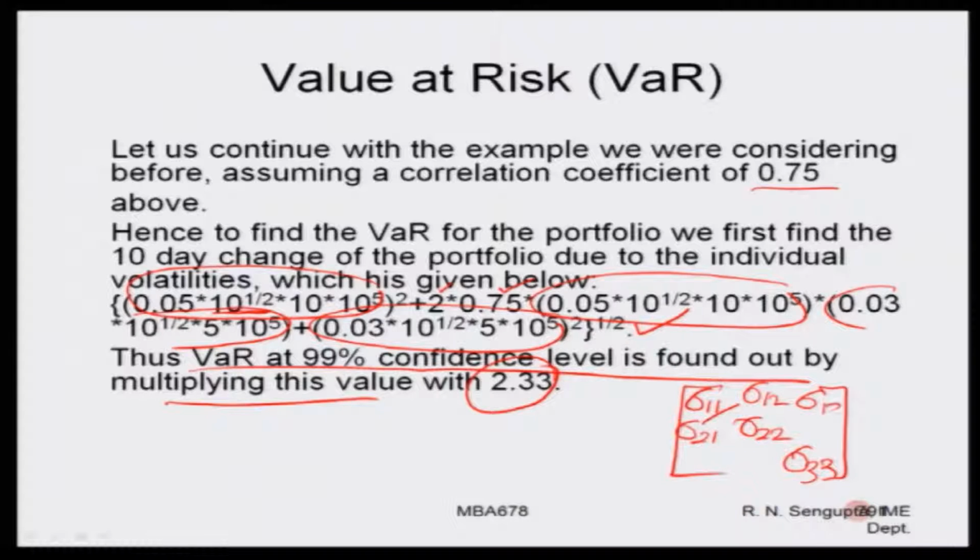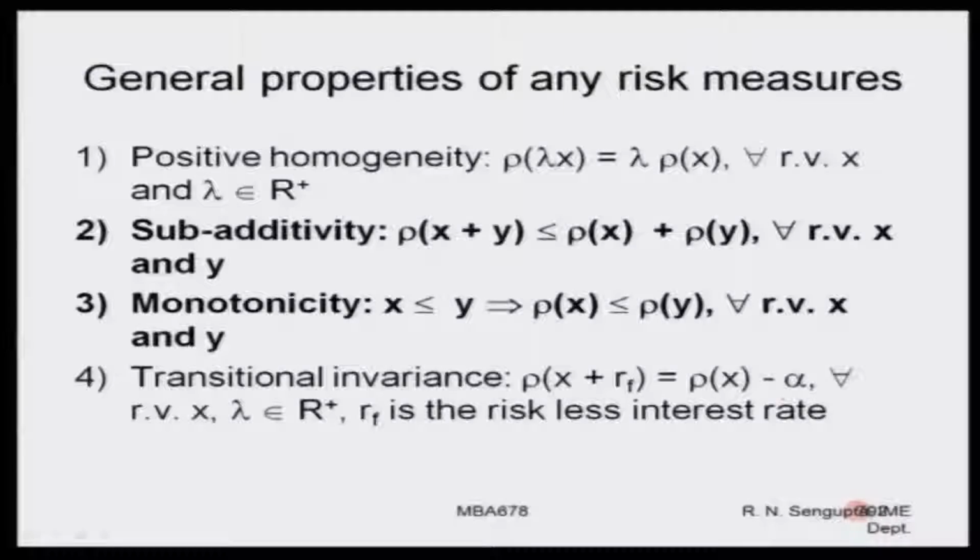This is between 1 and 3 and 3 to 1, and this one is basically 2 to 3, 3 to 2. These are symmetric, which is why you have been multiplying by 2. Again you follow the same fundamental principle. If you have the VAR for 1 day and you want to find out the VAR for 10 days, multiply it by the square root of 10, which is an important factor which I am trying to stress time and again.